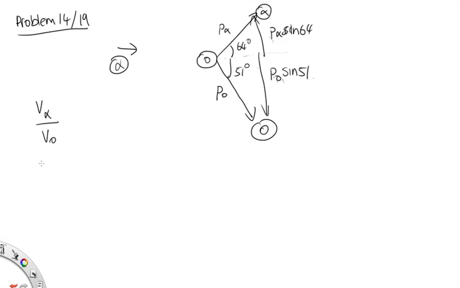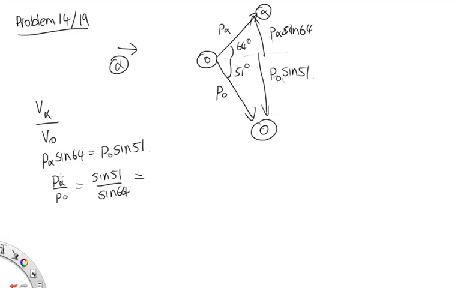So we know that these two components must be equal in magnitude. So P alpha sine 64 is equal to P oxygen sine 51. Rearranging, we have P alpha over P oxygen is equal to sine 51 over sine 64.